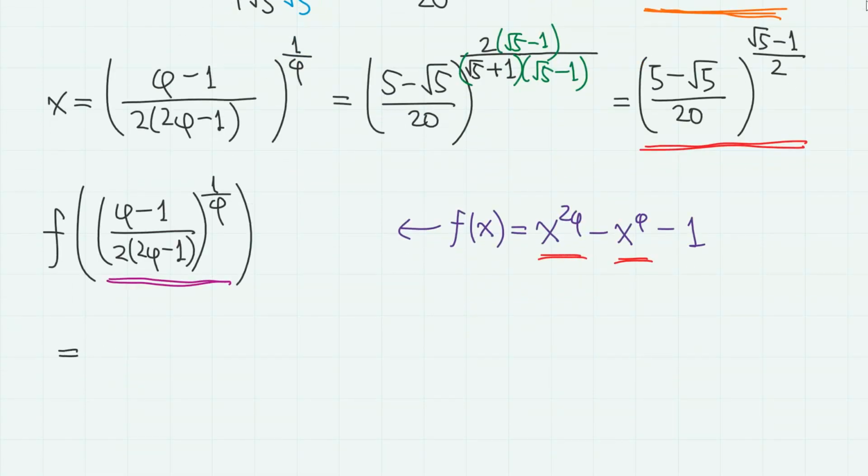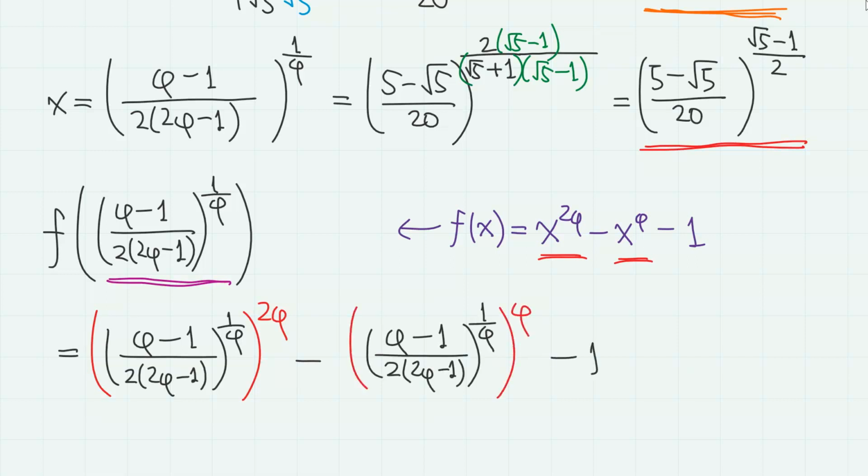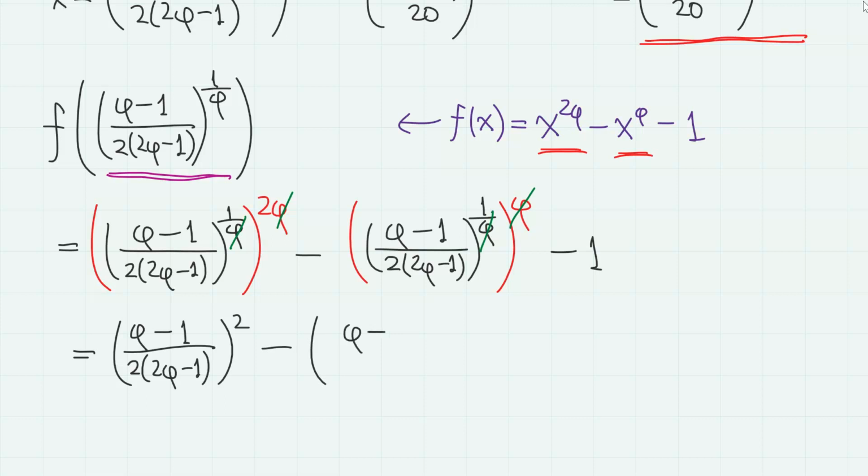So we have this value raised to the power of 2 phi minus this value raised to the power of phi minus 1. And notice that phi is cancelled, so it is ((phi minus 1) over (2 phi minus 1)) squared minus (phi minus 1) over (2 phi minus 1) minus 1.